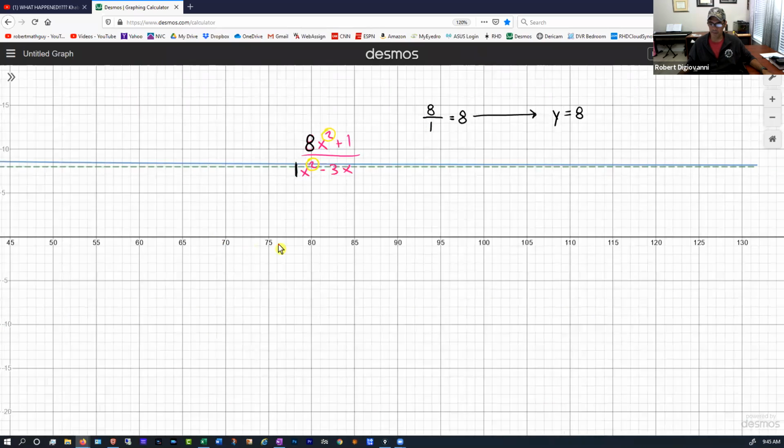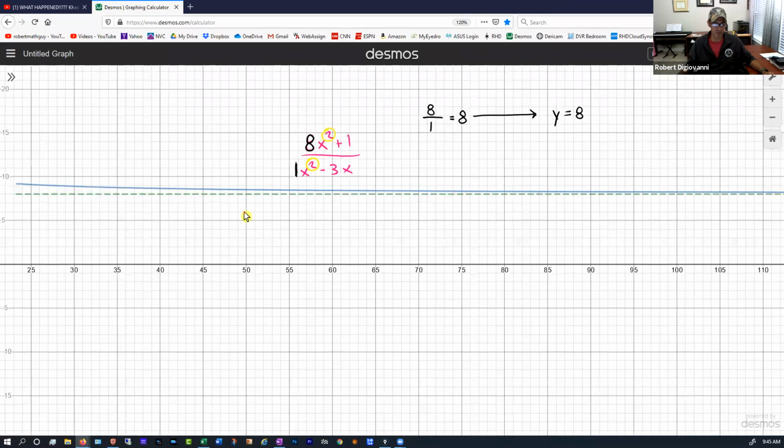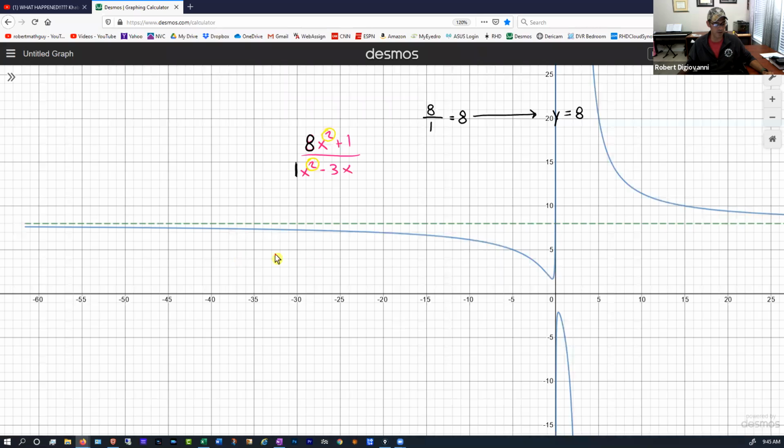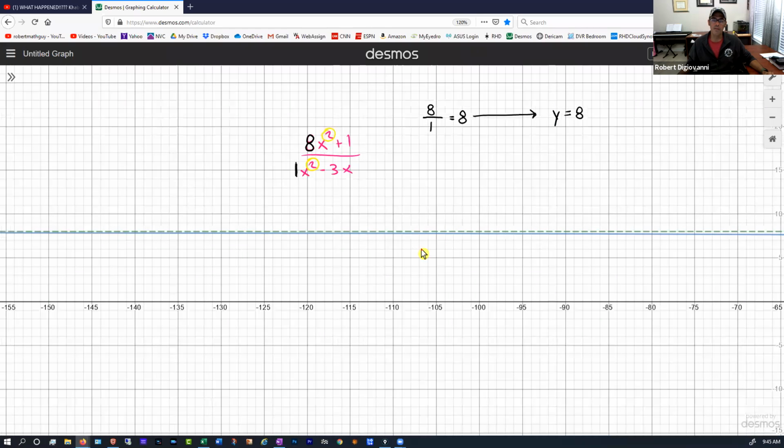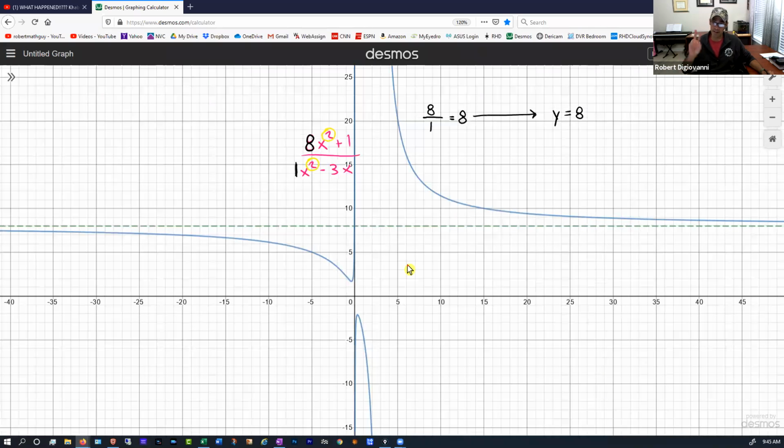As I go further and further out to the side, see it's getting closer and closer to 8. It's never going to get there, but it's getting closer and closer to it. And it's doing that on the other side also. Does that make sense? Okay, so that's the second case.